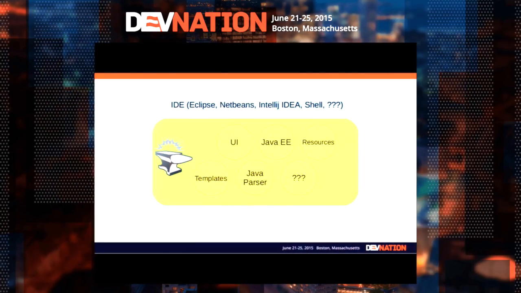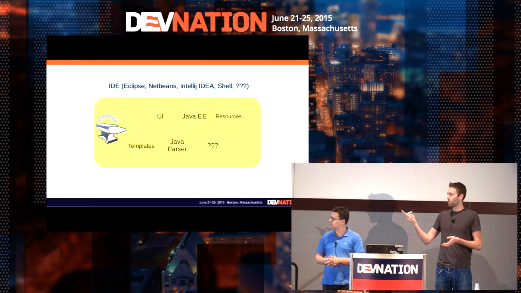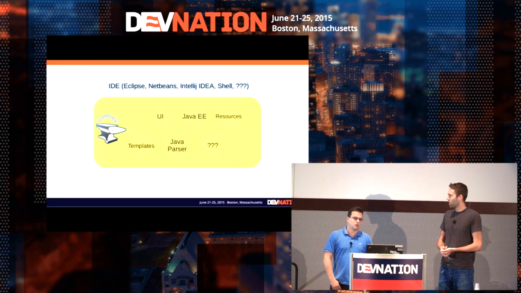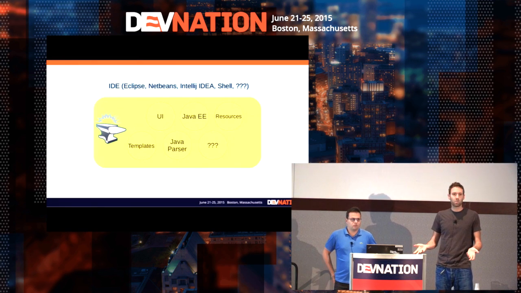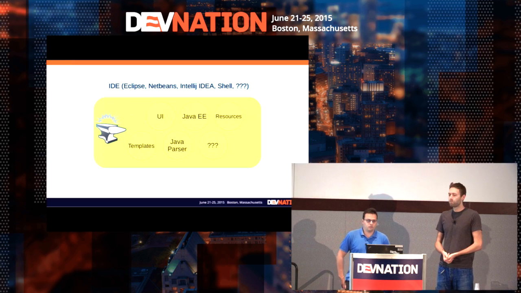Yeah. And the way this works is Forge is actually an encapsulation. Eclipse, NetBeans, IntelliJ, all of these IDEs use their own programming model. Eclipse uses OSGi. NetBeans uses their own module system. I don't know what IntelliJ uses, but on the shell, you have to basically write a custom Java app that's going to bootstrap this stuff.